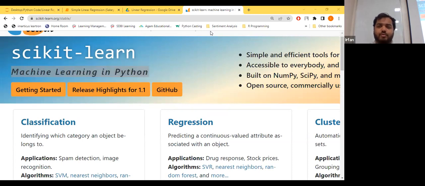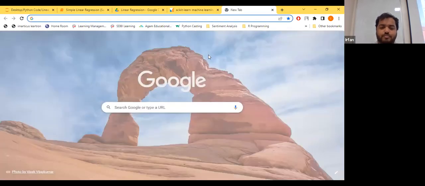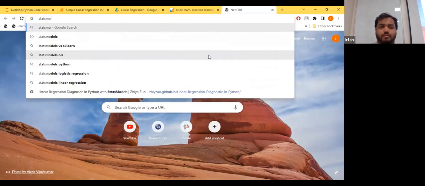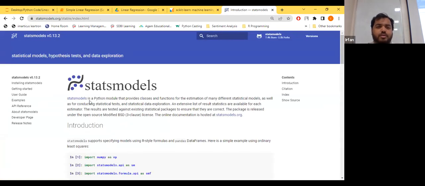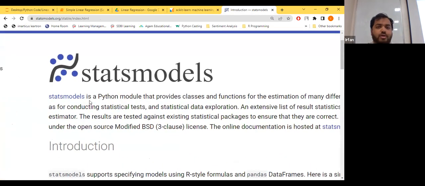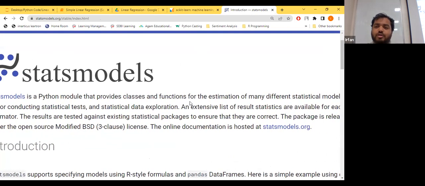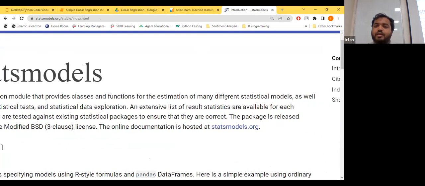Okay, if I add one more, 1 second. Statsmodels. Read this. Statsmodels is a Python module that provides classes and functions for estimation of many different statistical methods.